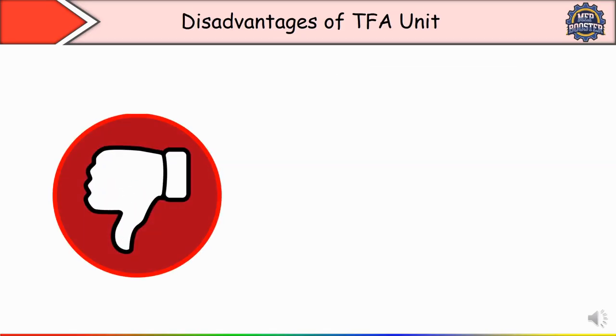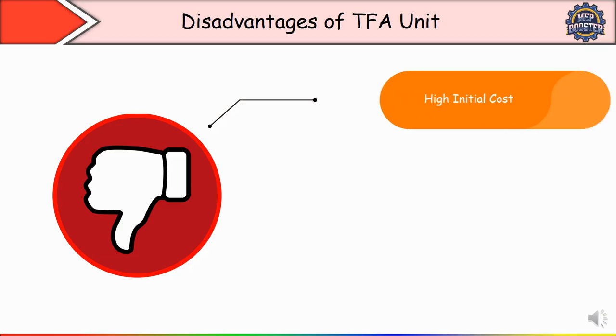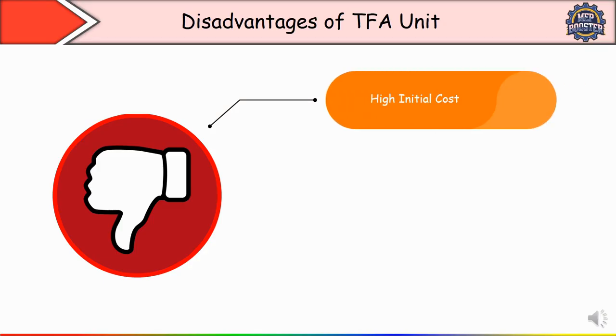Now let's see the disadvantages. What are the disadvantages of the treated fresh air unit? First, high initial cost. Yes, of course, the complexity and sophistication of the TFA unit, including high-efficiency filters, heat recovery system and specialized controls, increase the initial cost.